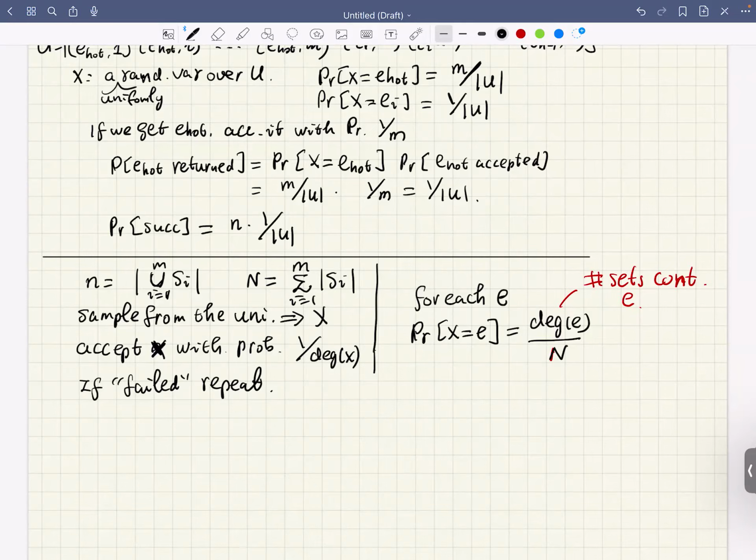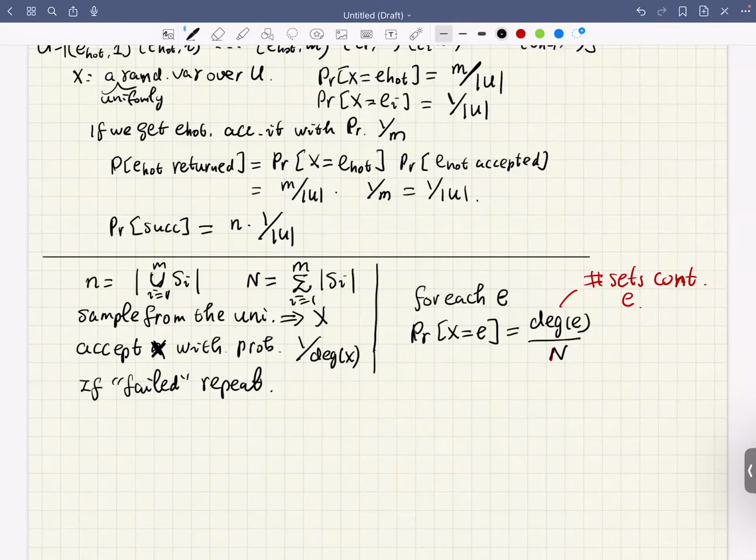What's the probability for this Y to get returned in a success? Well, first of all, X will have to be Y, so that it can get considered. And then after that, you will survive the acceptance step with the probability of 1 over degree of E. So overall, you will go through with the probability 1 over n. So 1 over n is the same for everybody, right?